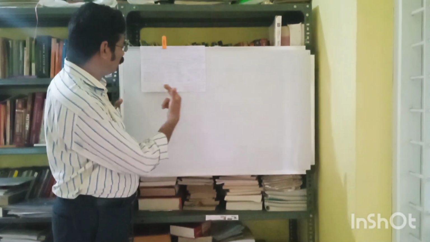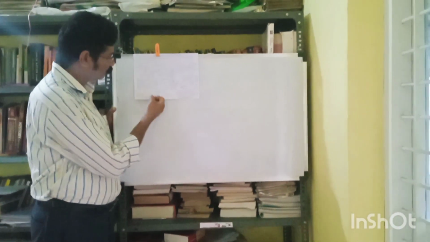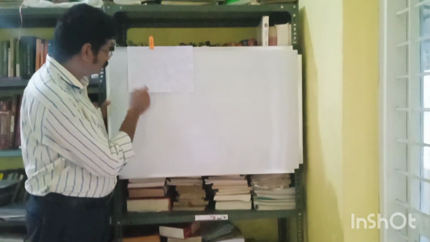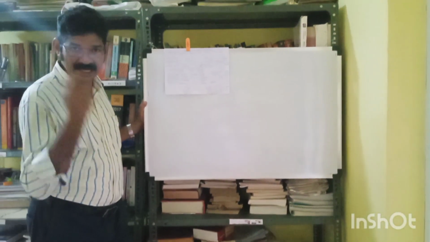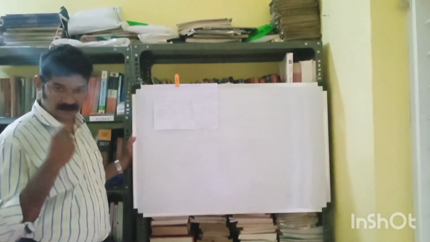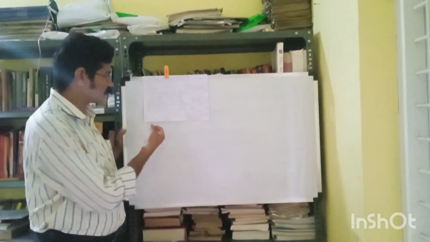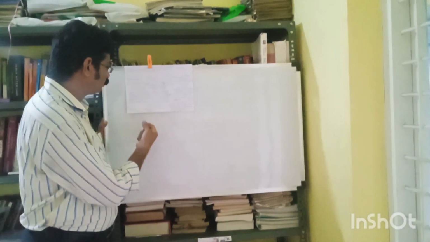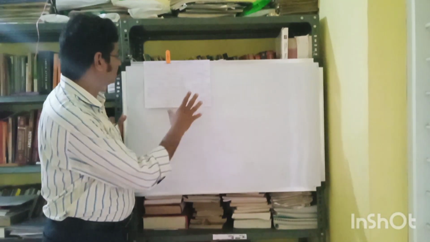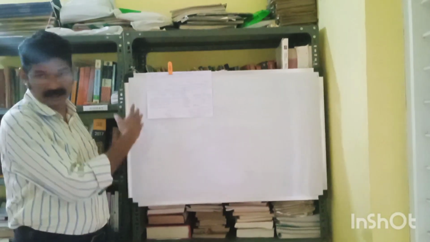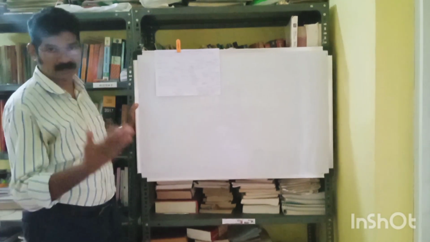When taking notes, the research scholar has to be very vigilant, taking appropriate and very precise notes, and has to write the publication details: the author's full name, the full title of the work, and the publication details. This is about the collection of sources. I will explain the mechanism of note taking in the coming episodes.